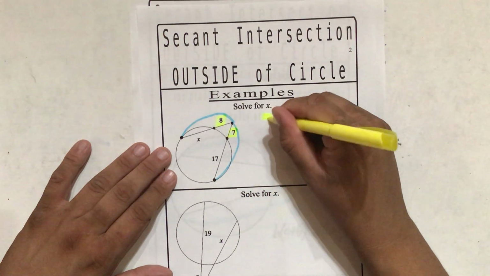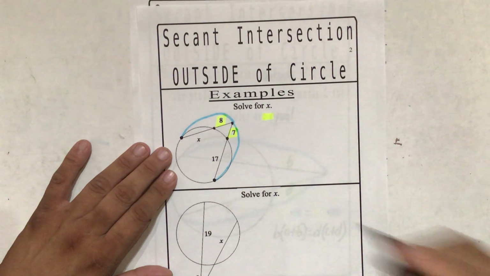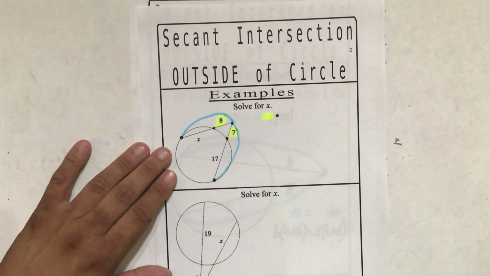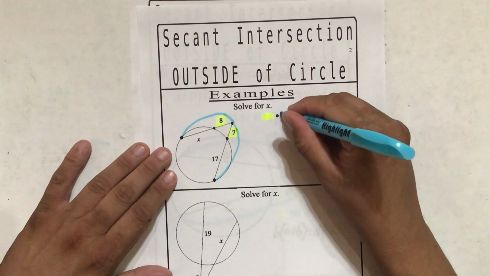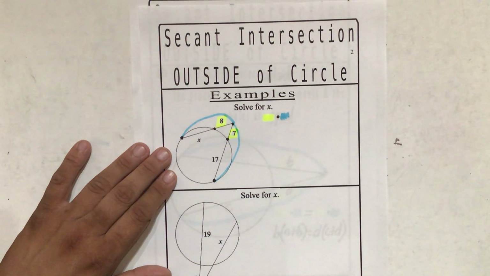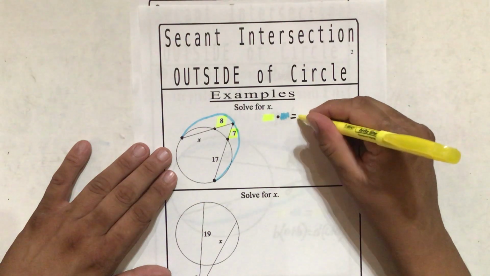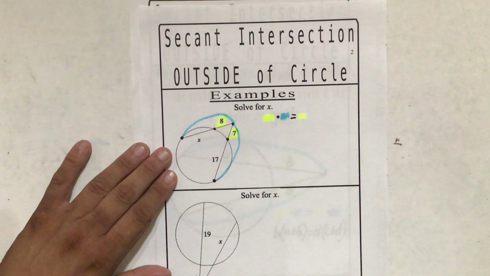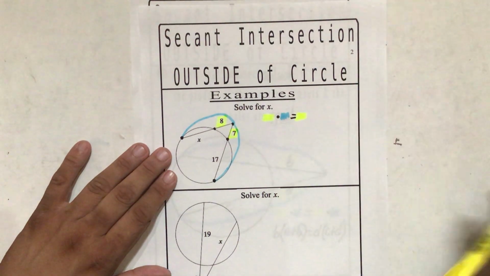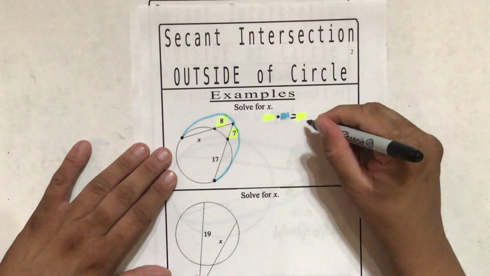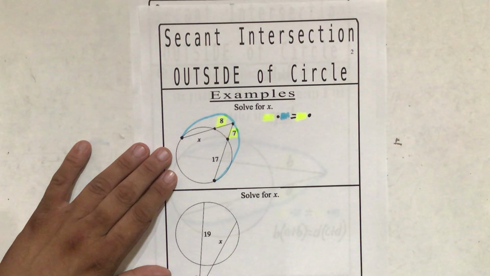So yellow times blue is equal to yellow times blue.